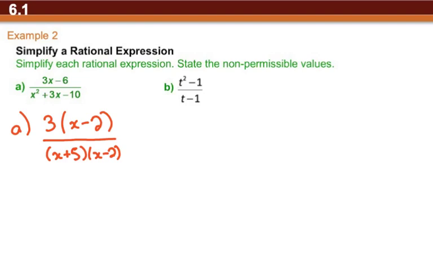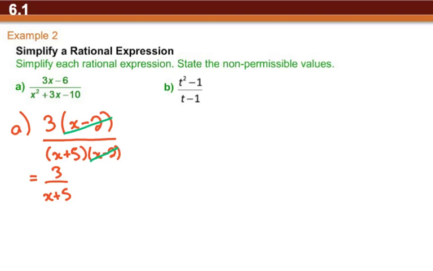Look for things that we can cancel. We have x minus 2 and x minus 2 that can cancel, which leaves us with 3 over x plus 5. So that's the simplified expression.